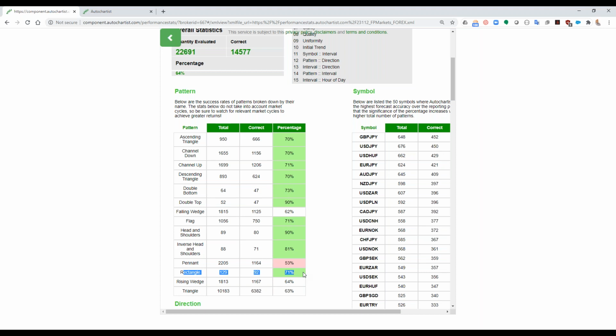I don't really look at, well, I don't want to say I don't look at them. It's interesting, but I use them more as information, the trending patterns, right? The ones that are trending up or down, like channels and wedges, right? These are the kind of things I look at from an informational perspective.